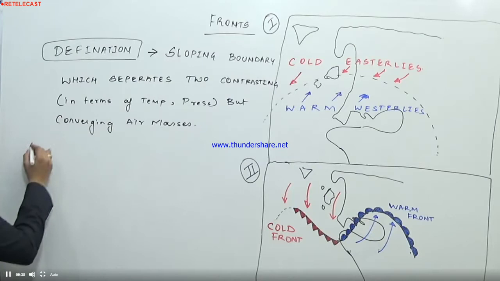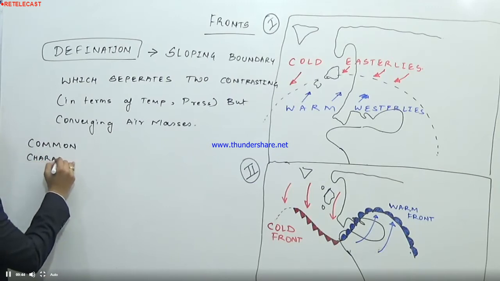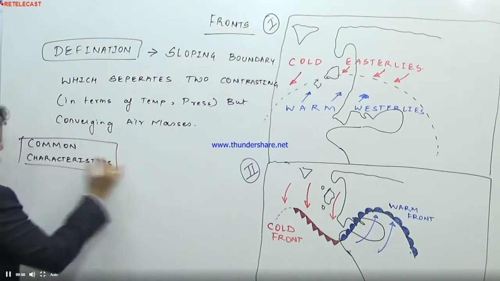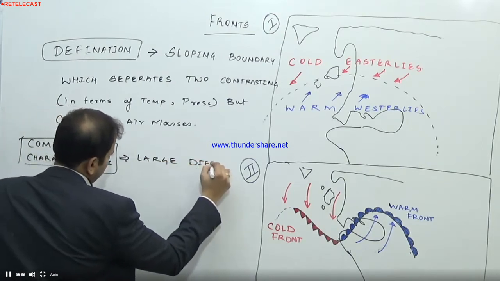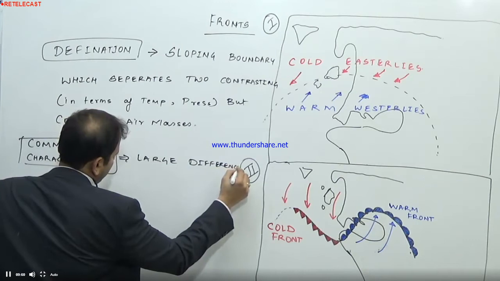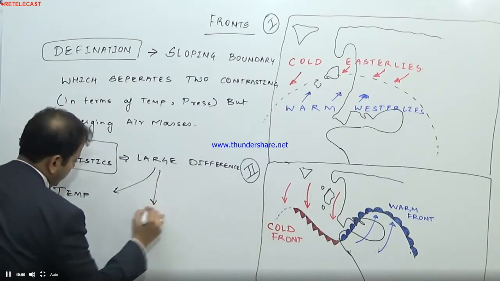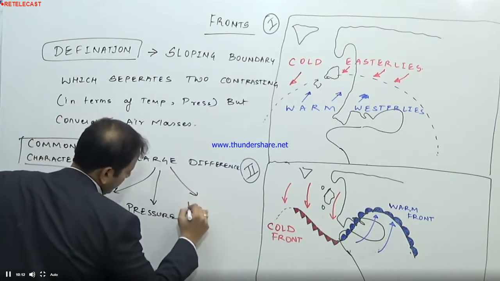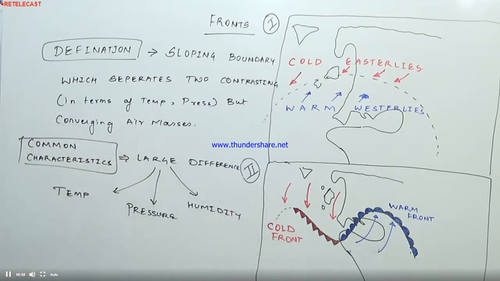So the common characteristics of a front are a large amount of difference in terms of temperature, in terms of pressure, in terms of humidity, and a shift in wind direction.